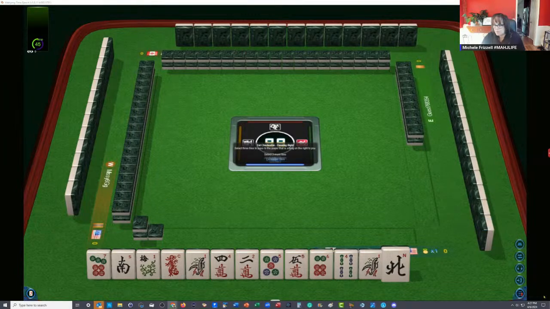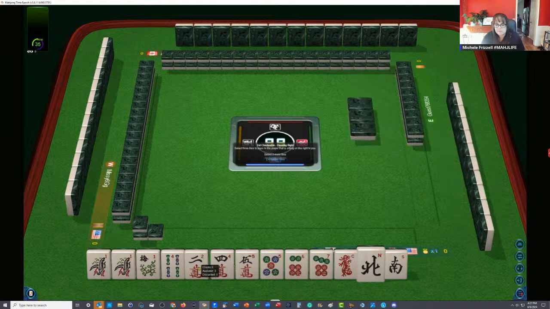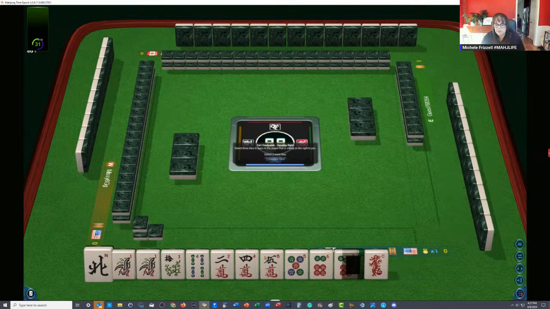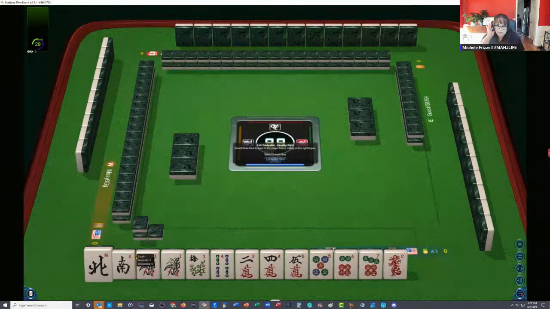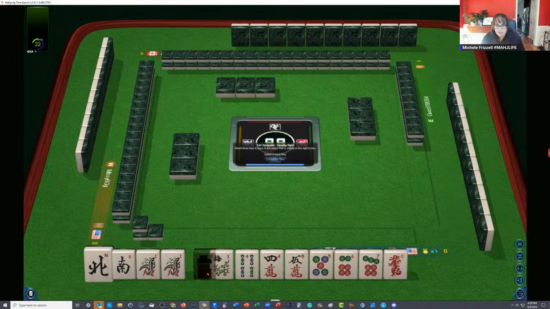Okay, we have a 1 bam pair. Otherwise, we have a lot of 4, 5, 6, 7. Okay, so let's see. This is when I might keep the winds. With a 1 bam pair, though, we really don't have much to work with except for that 2.